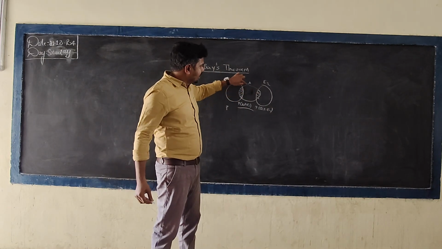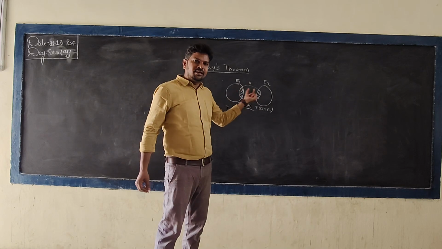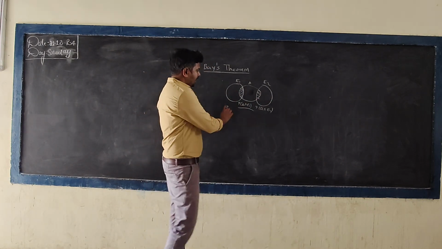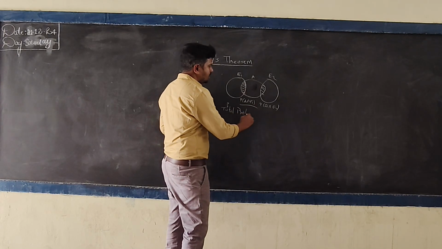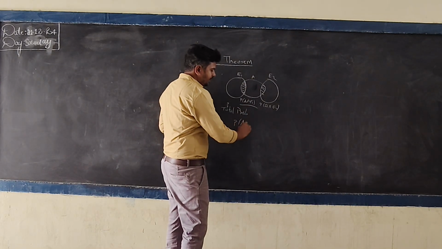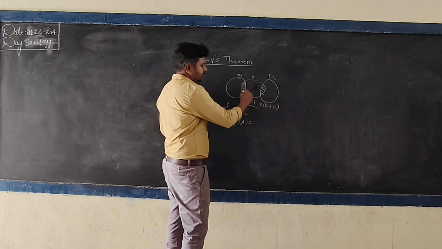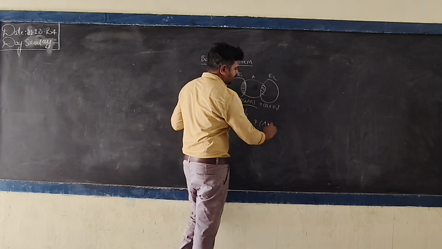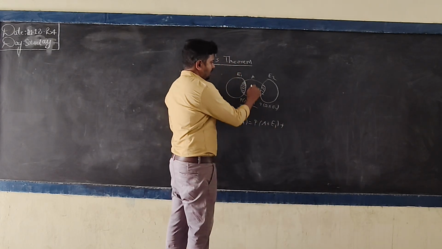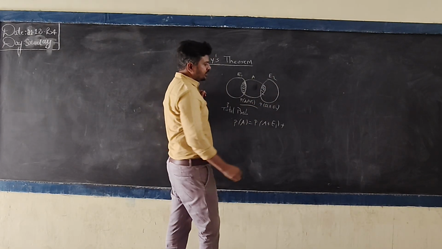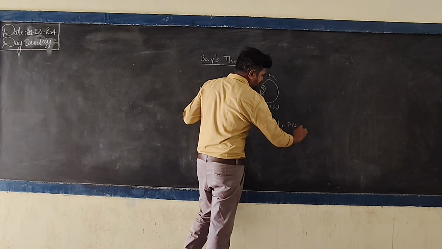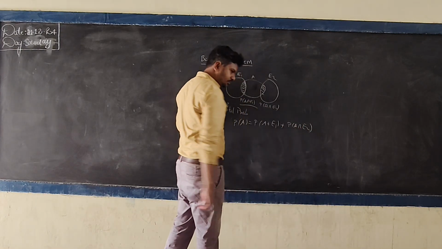Now this A is common in both E1 and E2. As per total probability, the probability of A is nothing but the probability of A intersection E1 plus the probability of A intersection E2.